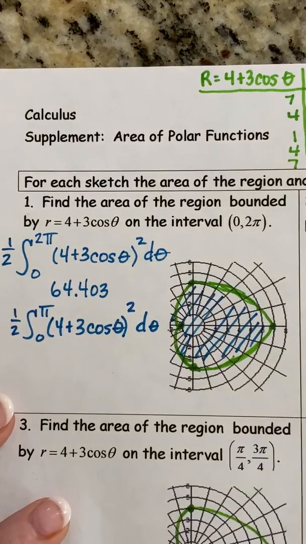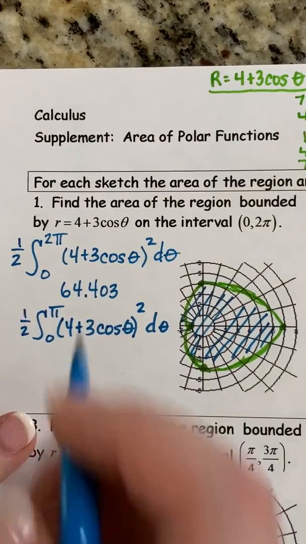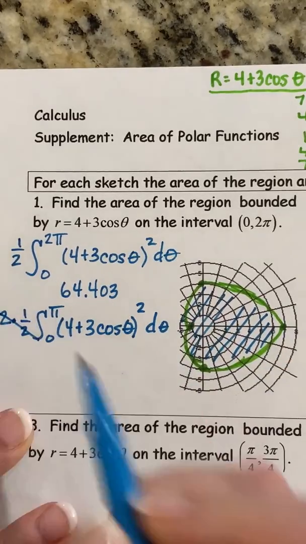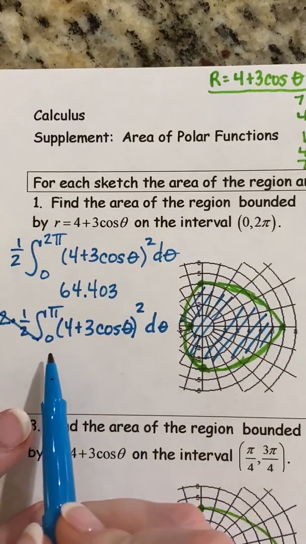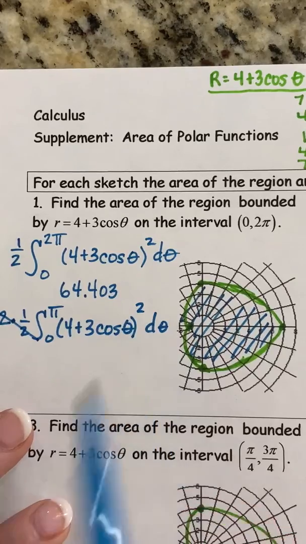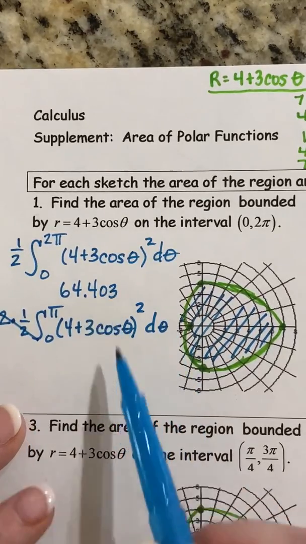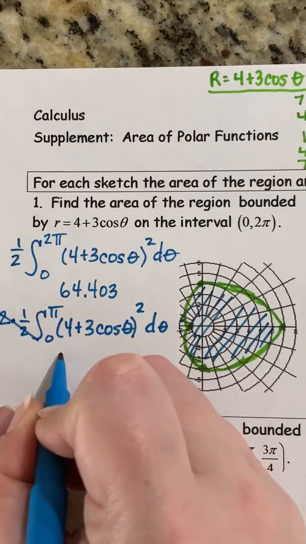But because that's only going to give me half the area, just multiply this by 2 to get all the area. And so the integral from 0 to pi of r squared d theta could have been an answer in the multiple choice. Please check and make sure you get the same answer using your calculator.